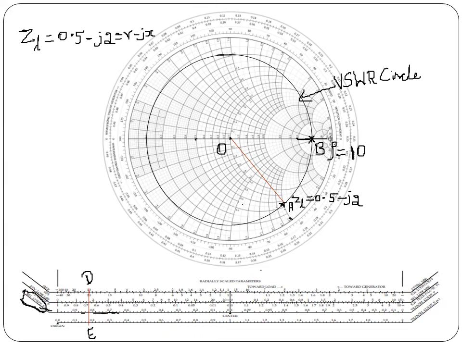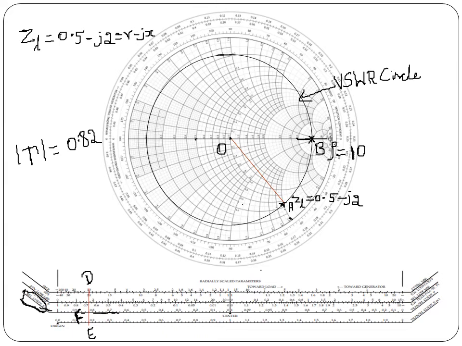Let this intersection point be F. At point F, the value of reflection coefficient is equal to 0.82.